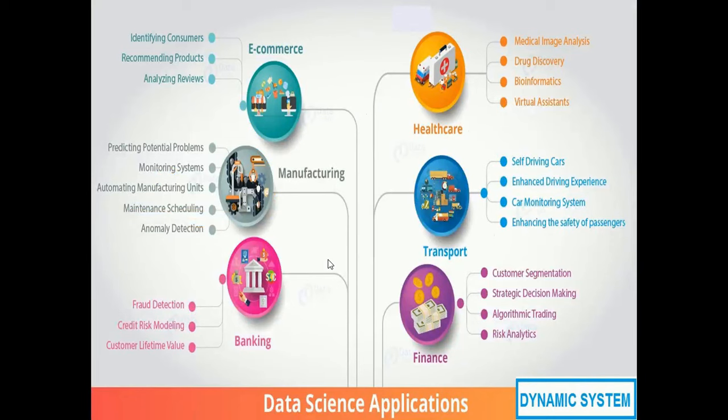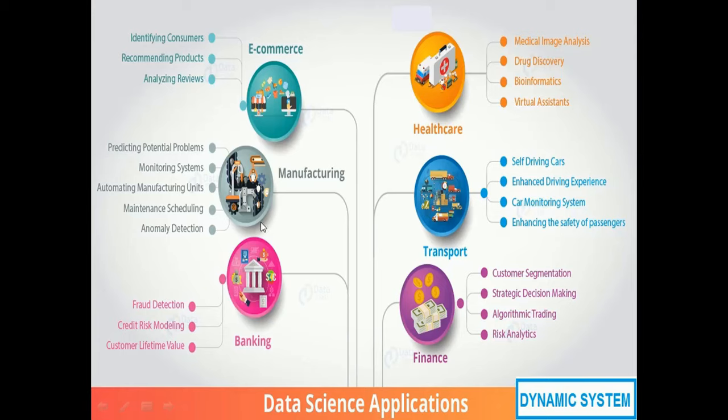What are the data science applications? Data science is applied in various business domains or sectors, that may be government or private sector. In your e-commerce sector, it is used for identifying consumers, recommending products, and analyzing reviews. In your manufacturing sector, it is used for predicting potential problems, monitoring systems, automating manufacturing units, maintenance scheduling, and anomaly detection.